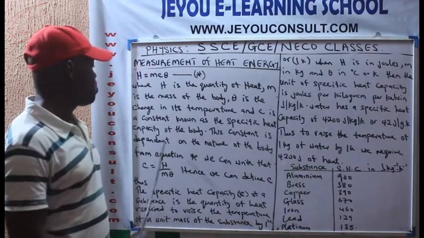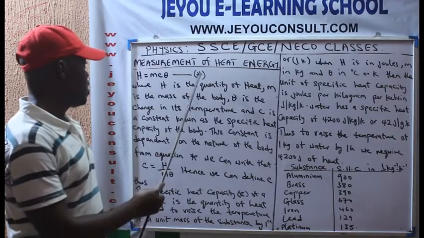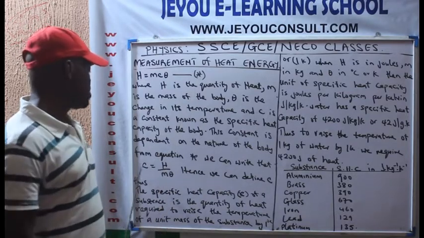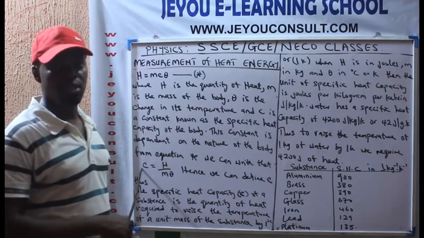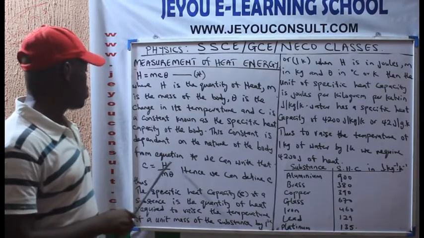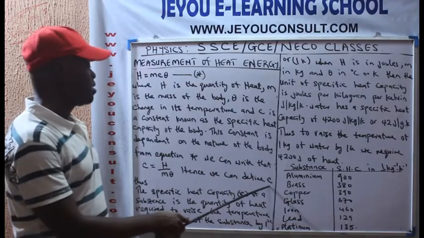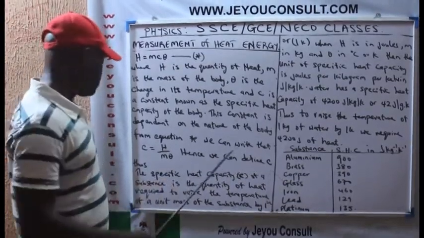This constant is dependent on the nature of the body. From the equation, making c, the specific heat capacity, the subject of the formula, c is equal to H over m theta.